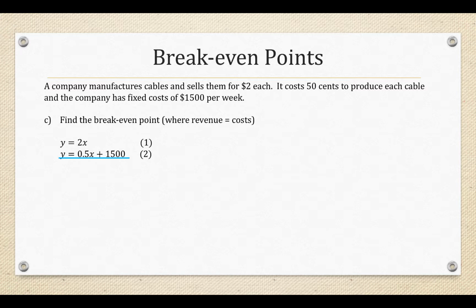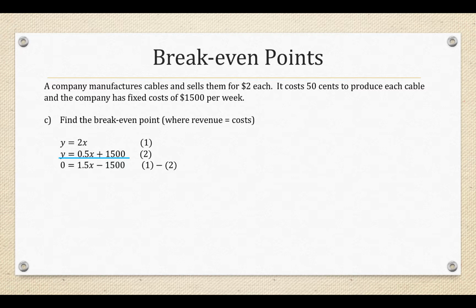In order to eliminate the y value, I'm going to subtract equation 2 from equation 1. So you can see here, y take away y will give us 0. That eliminates that second variable. 2x take away 0.5x gives us 1.5x.